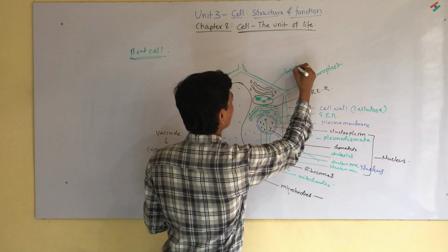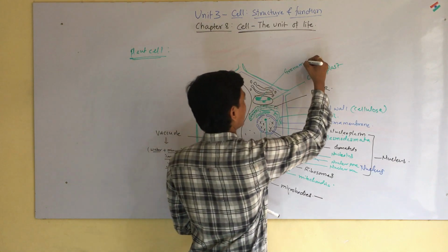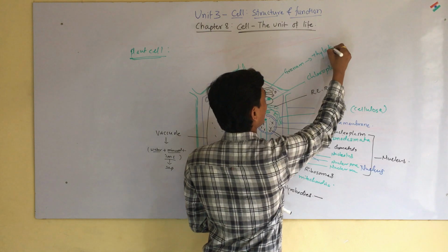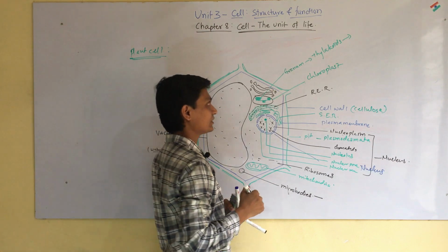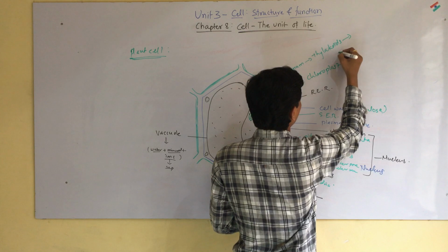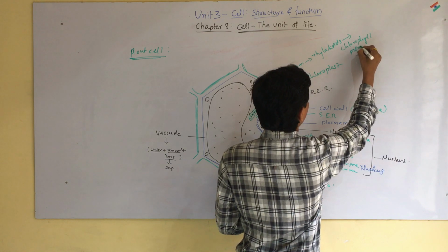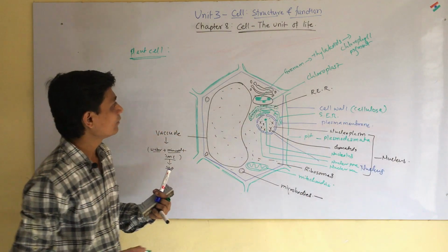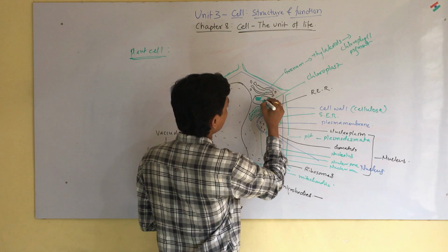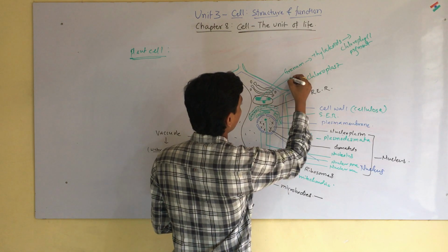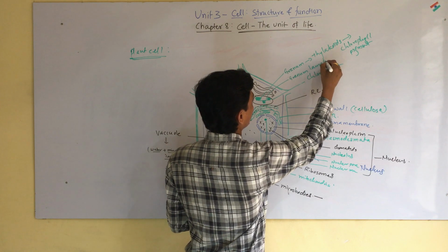This is a granum made up of thylakoids, and inside this thylakoid, chlorophyll pigment is there, which is very important for photosynthesis. These grana are connected with each other by intergranum lamellae.